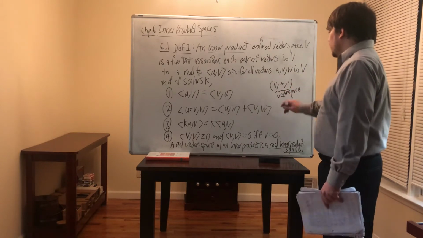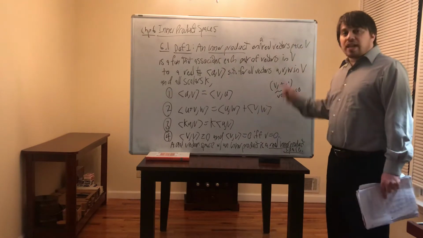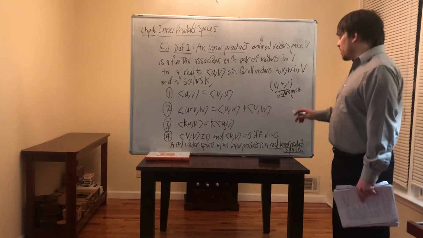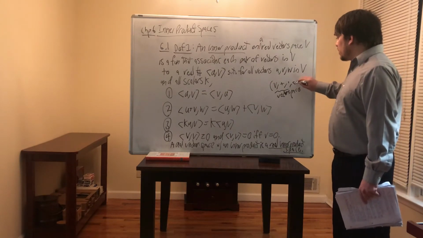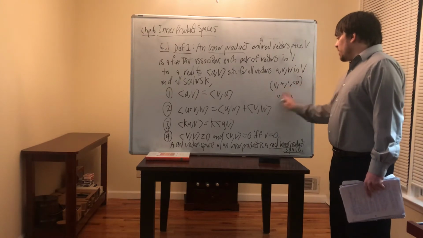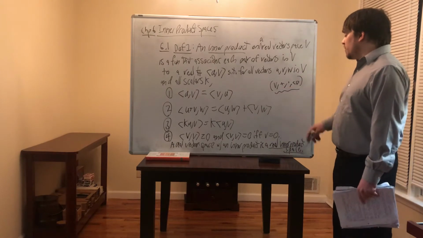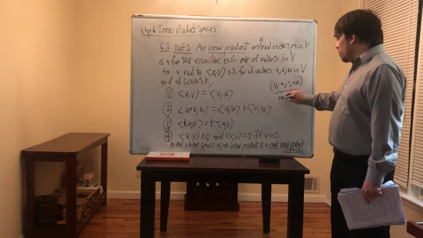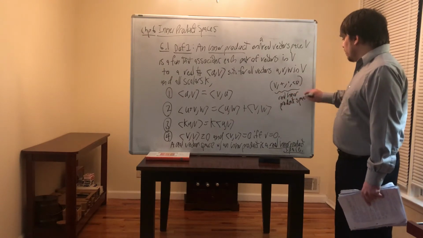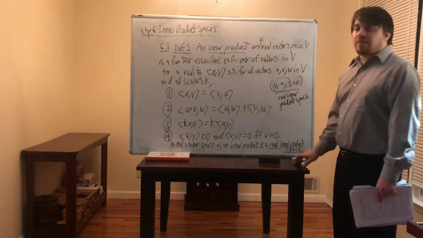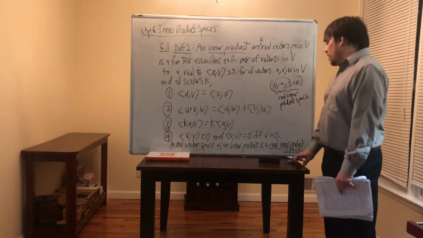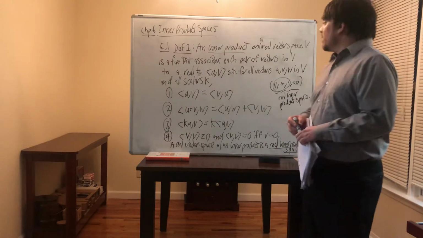But then if you take your set and your two operations where all 10 axioms hold for a vector space, and then you add this function with these 4 properties to it called an inner product, which you could just denote like this, now the team of these 4 things together is called a real inner product space. Okay, so for just these three things, it's called a vector space. And then if you add this function with those four properties, the four of them combined now is called a real inner product space.